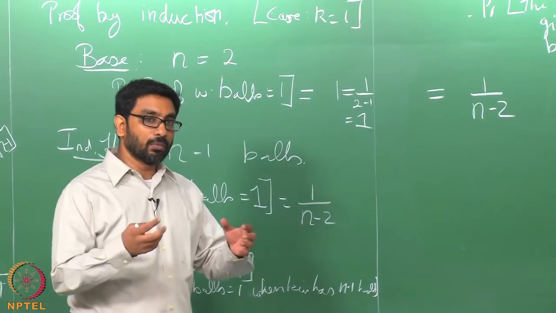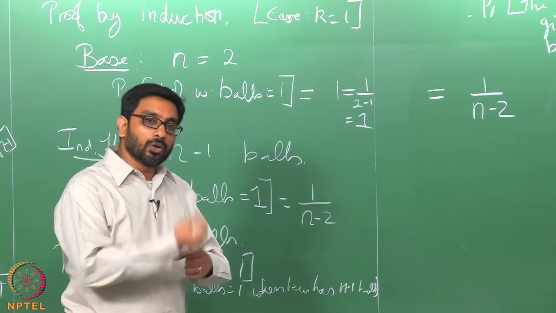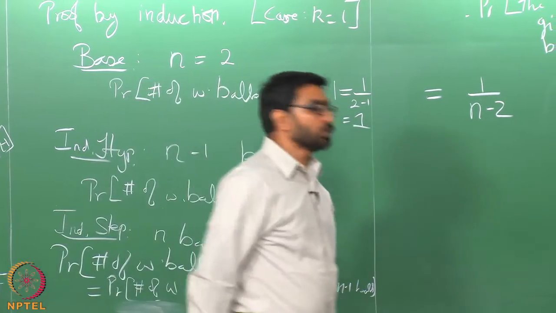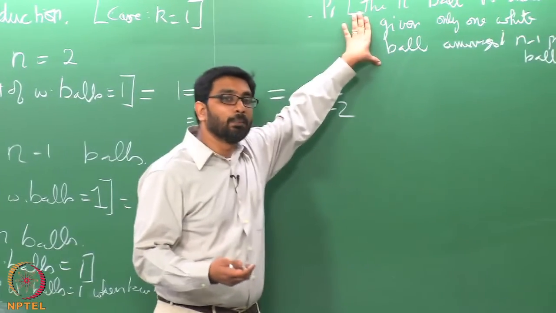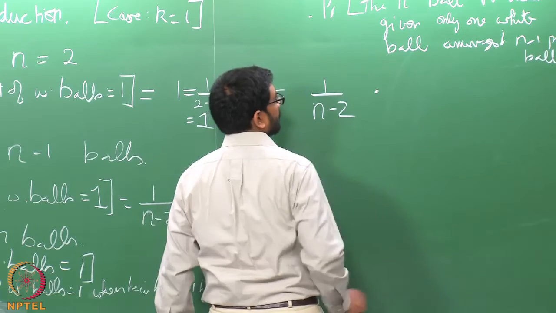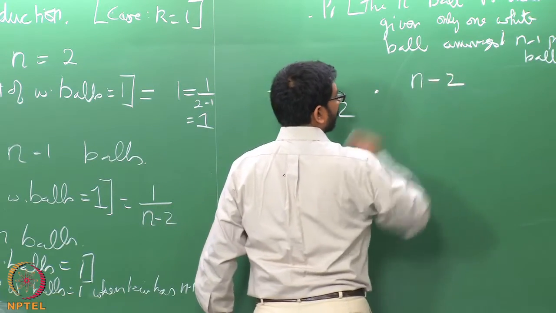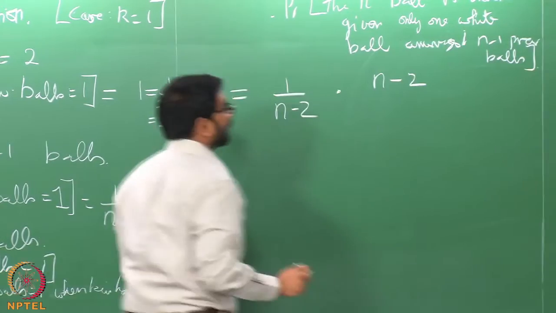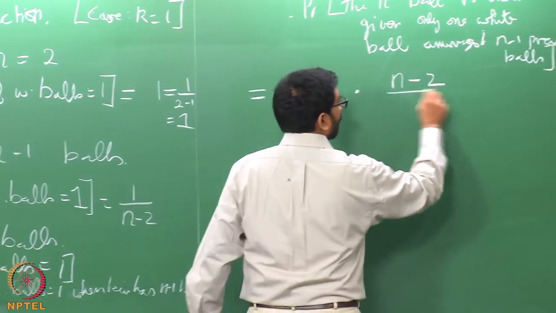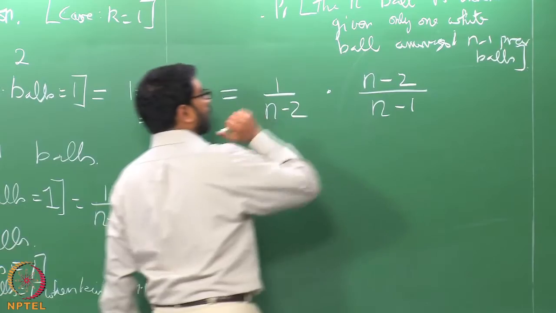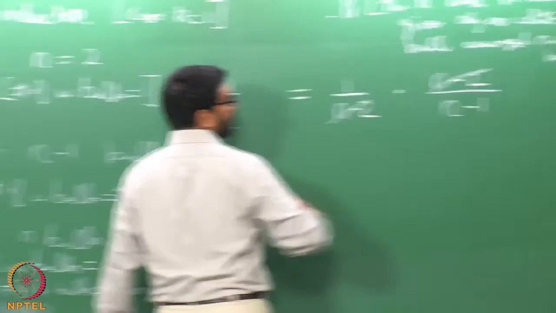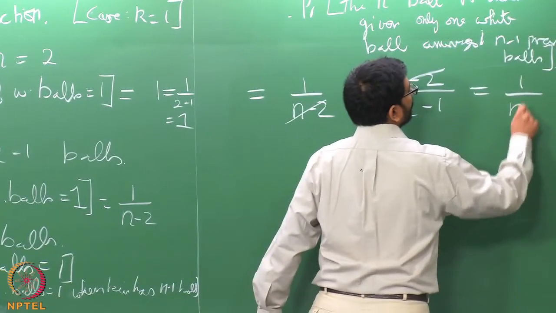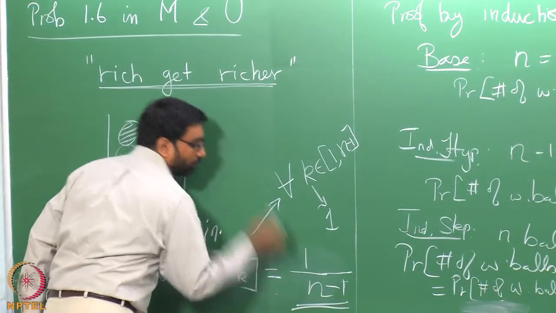So, the moment you pick a black ball, you are going to replace that black ball and add a black ball. So, that is what is going to happen. So, this probability is really the probability that you pick a black ball. So, that is times, and there are n minus 2 black balls, remember, because this is exactly one white ball among a total of n minus 1 balls, because these two cancel out and you come out at 1 over n minus 1, which is precisely what we need to prove.